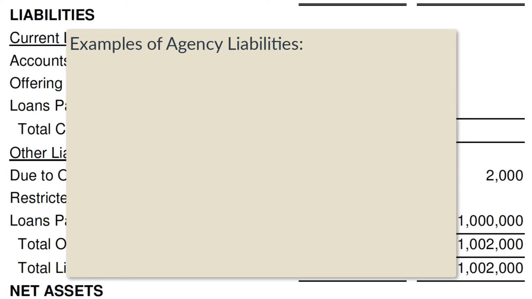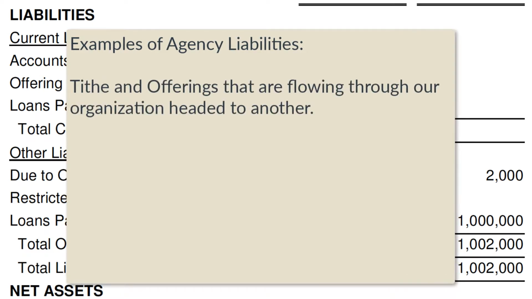Because of the closeness of Adventist organizations, agency relationships and agency liabilities are everywhere. The most obvious is tithe collected as agent by the local church and then held by the conference. But we also are passing around donations made to the GC but due to a conference.